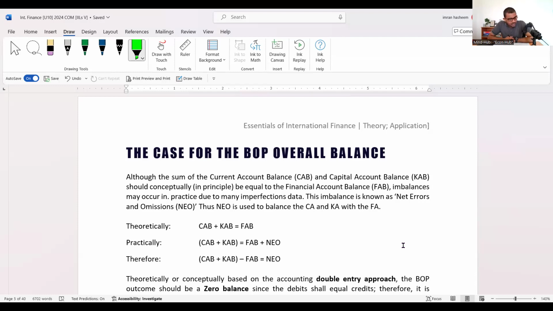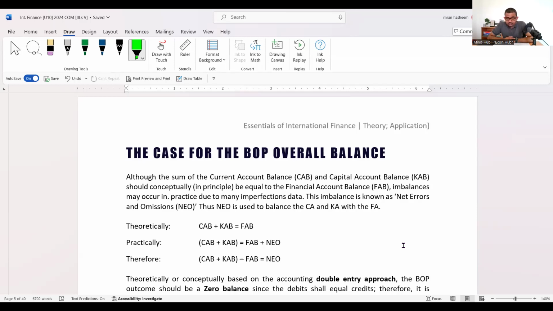So it says, although the sum of current account balance, CAB, and capital account balance, KAB, should conceptually, in principle, another way to say is theoretically, equal the financial account balance, FAB, remember?